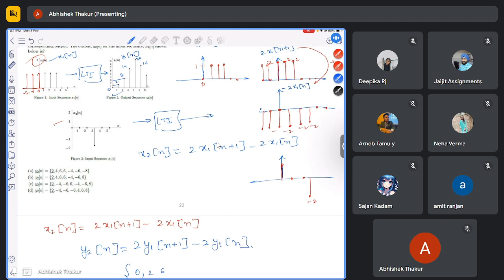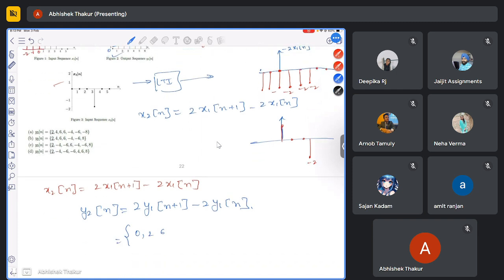So 3 into 2, 6. So this will be 2, 6, 12, 18, 9 into 2, 14. And then this is 4, so 8. We'll write y of n plus 1 will be 0, 2, 6. And this is our 0th index. 12, 18, 14, 8, comma 0.